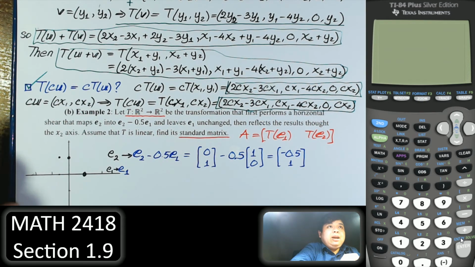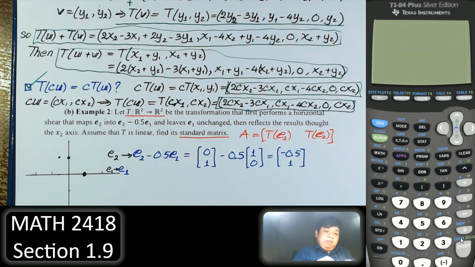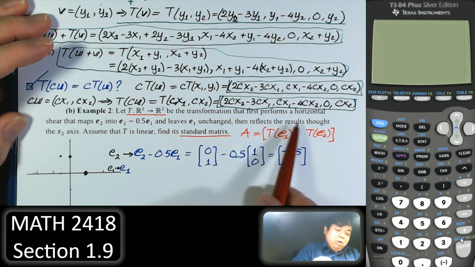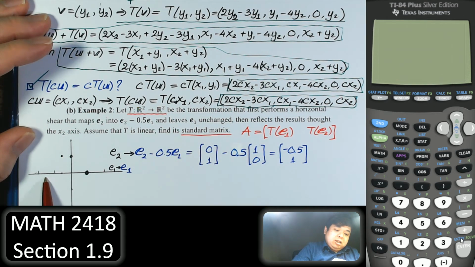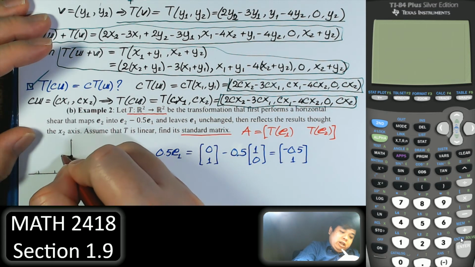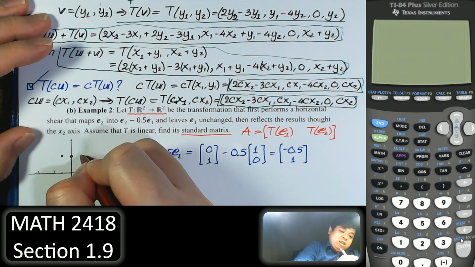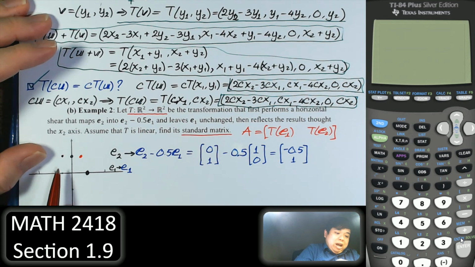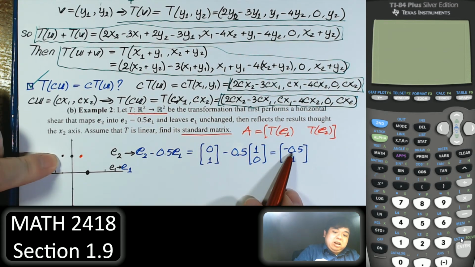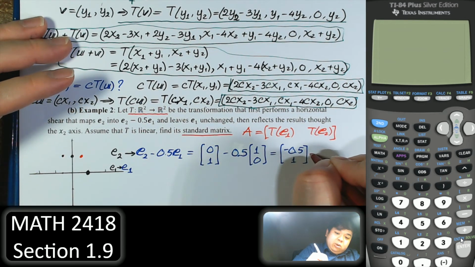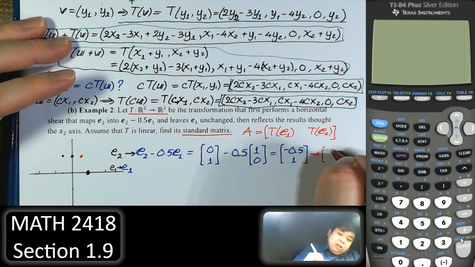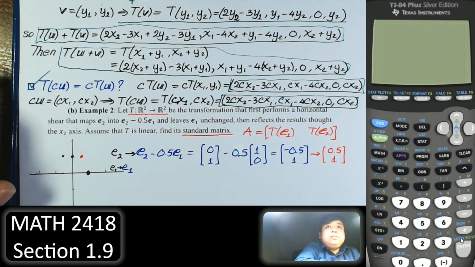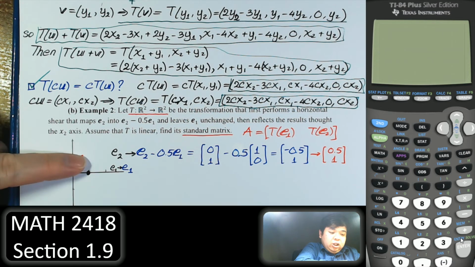Next, there will be a reflection of the result through x2. So this is x1, this is x2. The point here, instead of that, we move to this side. So the x values, the first component, instead of negative, turn into positive. So this will map into 0.5 and 1. Yeah, we flip through x2.